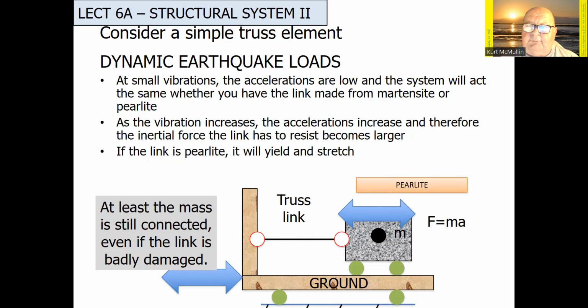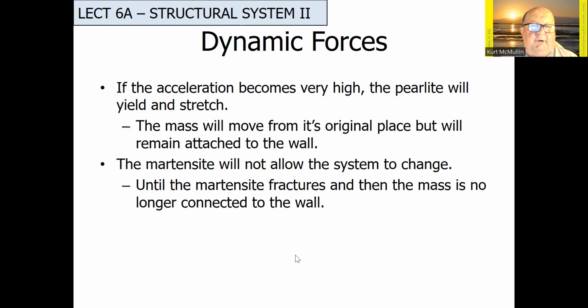Now, there may be some permanent deformation to the link. It may be longer than it was originally, and the mass may never return to its original location, but at least it's still connected to the wall, still connected to the ground. So at least it's not reached an unstable point.